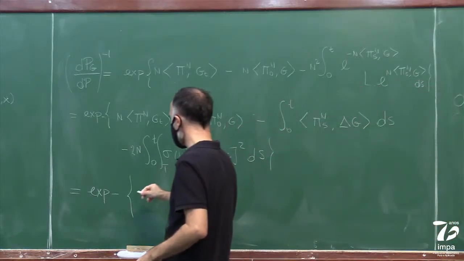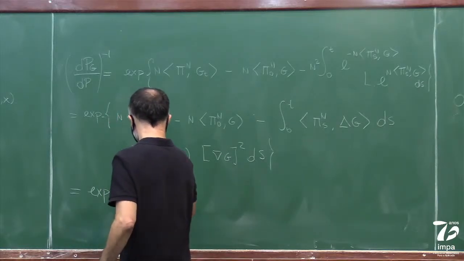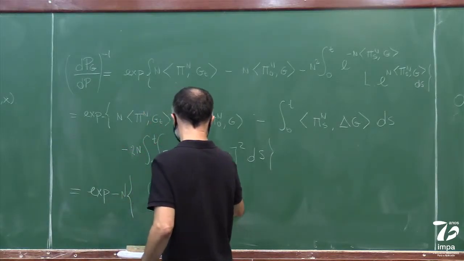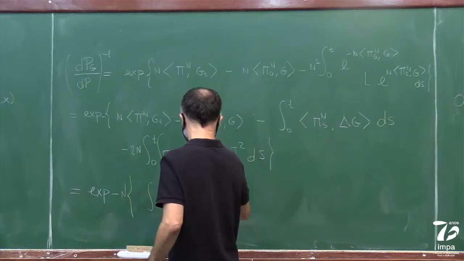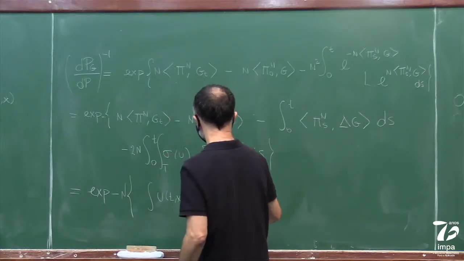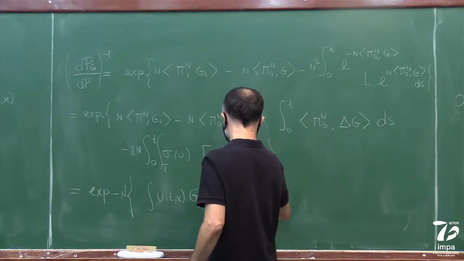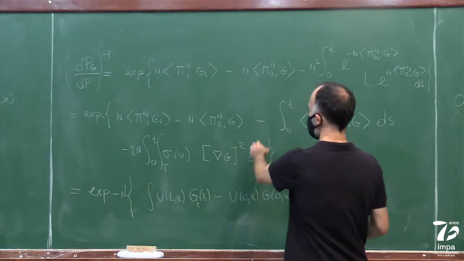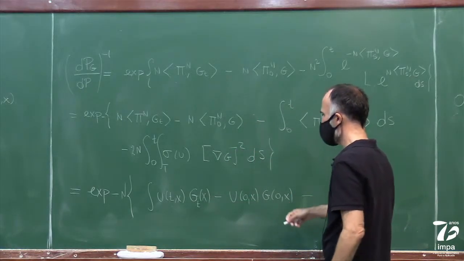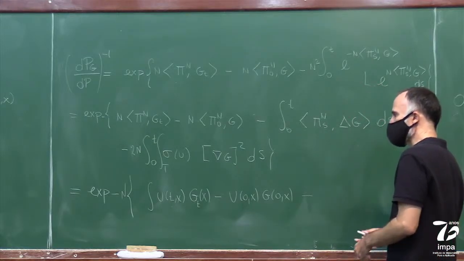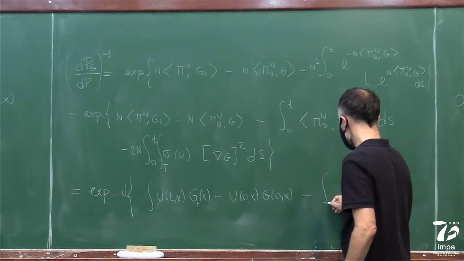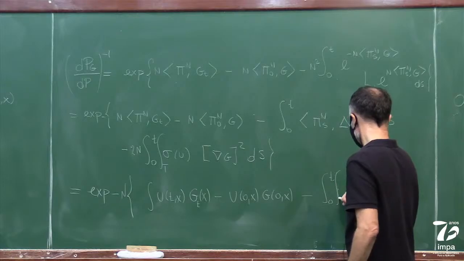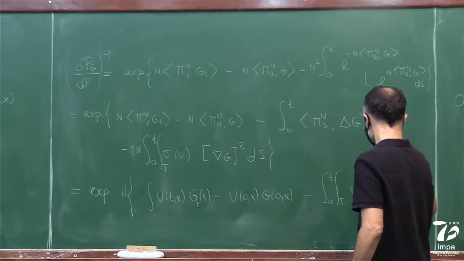So let me put n in front, and this becomes the integral of u t x g t x minus u 0 x g 0 x. Since I'm assuming g depends on time, there is an extra term, which is u s x d s g.